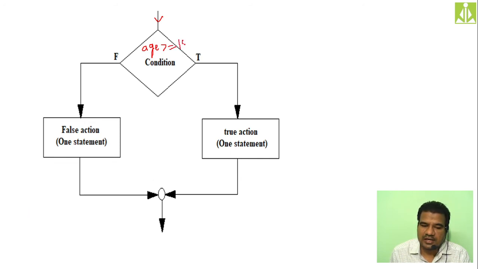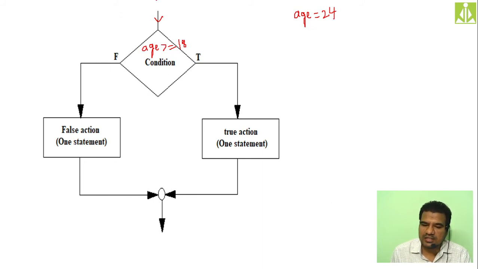This is my condition. When the control comes here, with what will it come? With age the control will enter. Consider the age as 24 years. We are processing this conditional flow for a person with age 24.